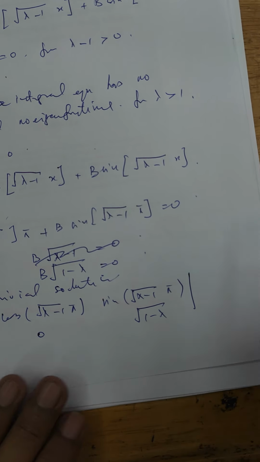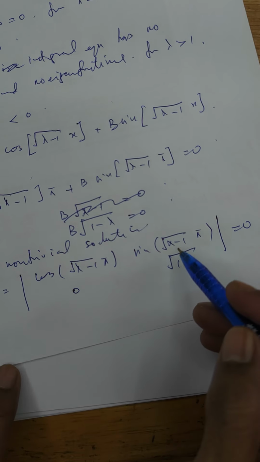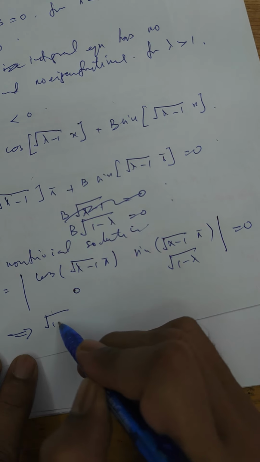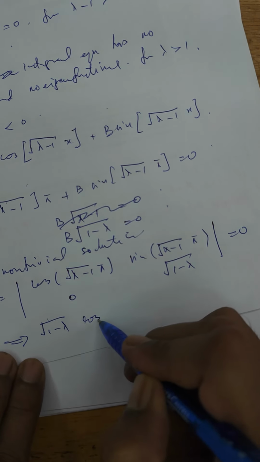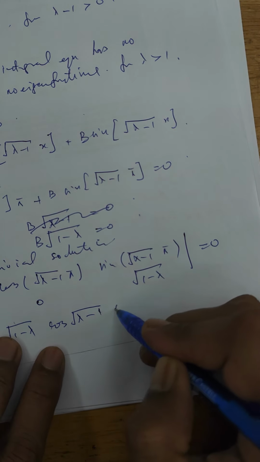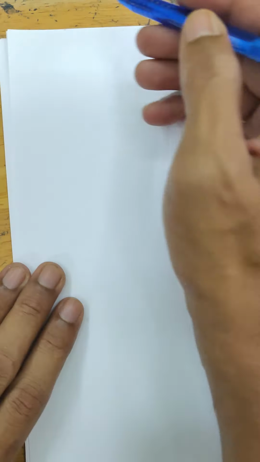Okay, so we need that equal to 0. That will give you (1 minus lambda) cos(square root of 1 minus lambda pi) equal to 0. So that's the required eigenvalues.